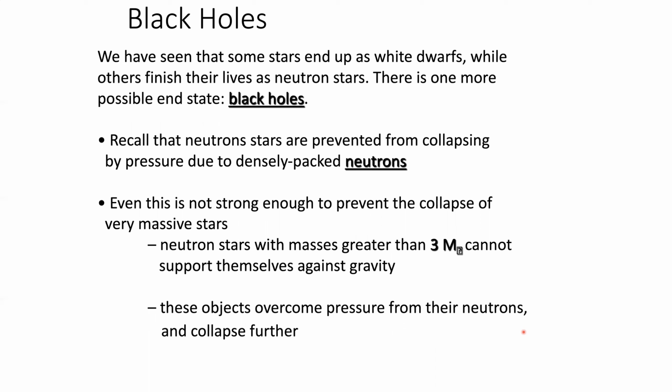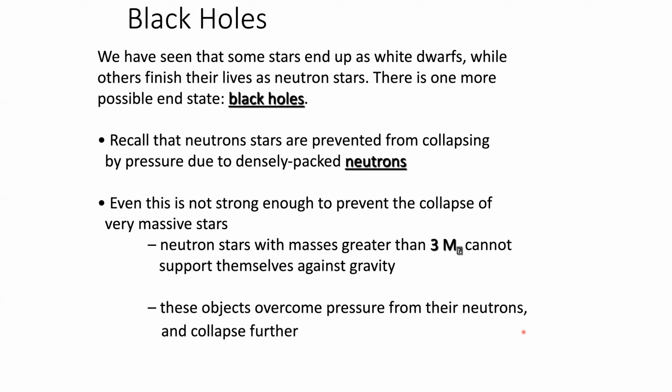Now, if I go back to the stellar evolutionary process that we have taught, we have seen that low mass stars end up as white dwarfs, while the high mass stars finish their life as neutron stars. So those are the two endpoints.